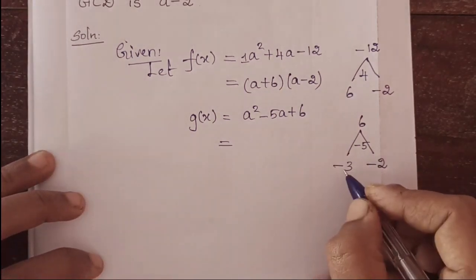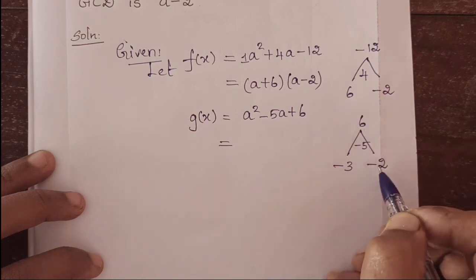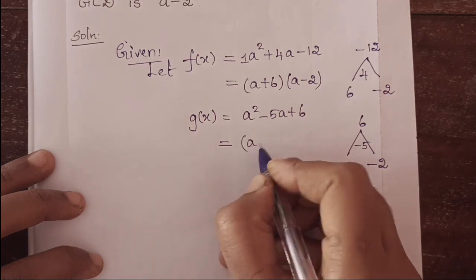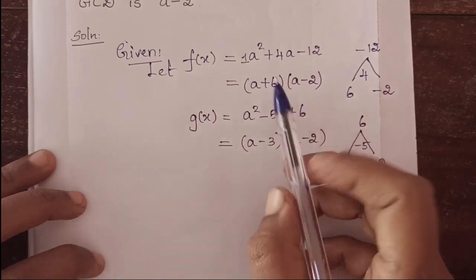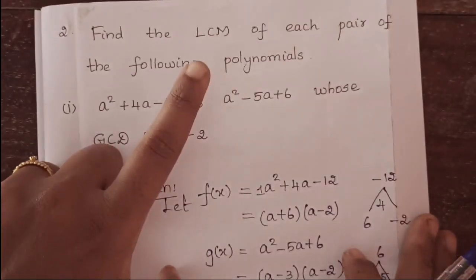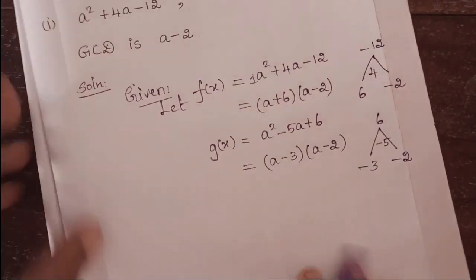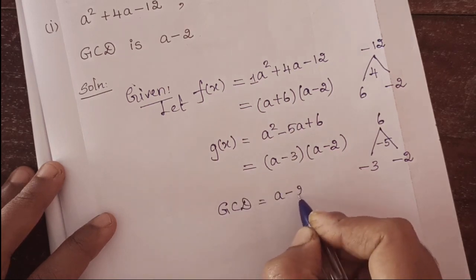Is it right? Minus 3 into minus 2, we are getting 6. And minus 3 plus minus 2, we are getting minus 5. So what is the answer? a minus 3 into a minus 2. That's all, the f of x and g of x. Now we need to find the LCM. The GCD is also given, so write that also. GCD equal to a minus 2.